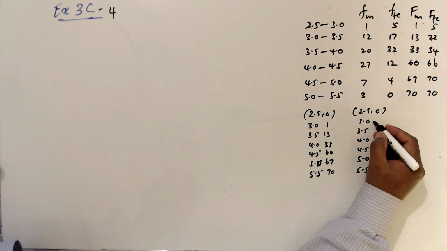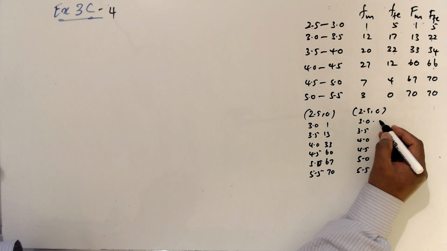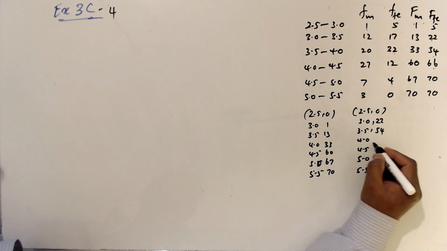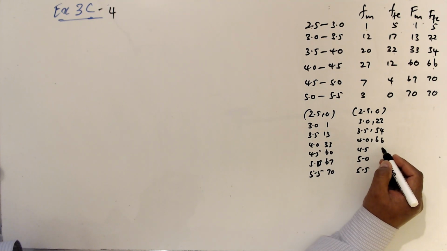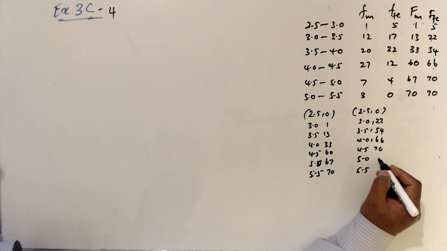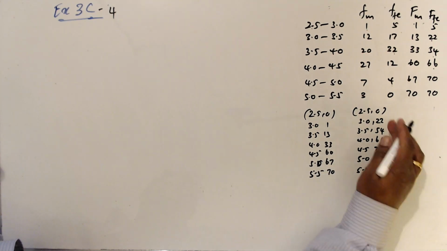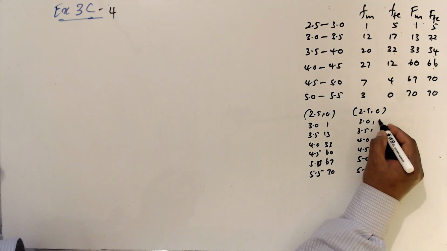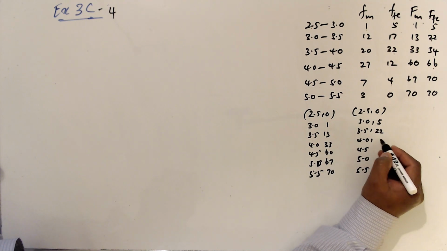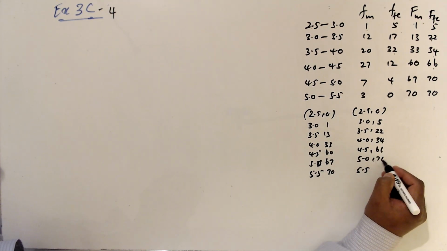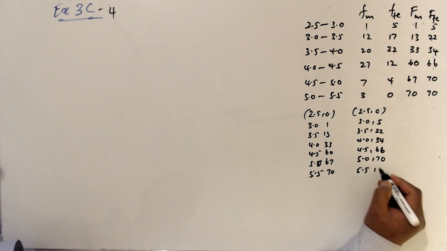So 3 is going to be 22, 54, 66, 70. Something is wrong, 5 is missing here: 5, 22, 34, 66, 70, and 70.